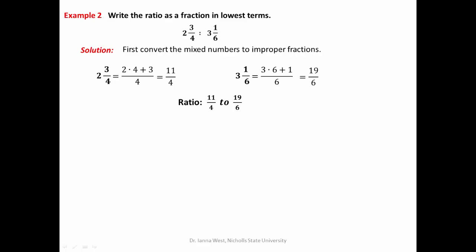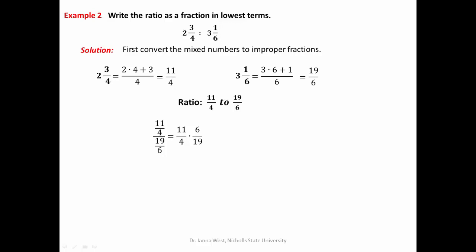We are instructed to write the ratio as a fraction in lowest terms. So we will write this ratio as a compound fraction. In order to simplify the compound fraction, we must take the reciprocal of the denominator and multiply it by 11 over 4. The reciprocal of 19 over 6 is 6 over 19. So we multiply the numerator of the compound fraction, 11 over 4, times the reciprocal of the denominator, 6 over 19.